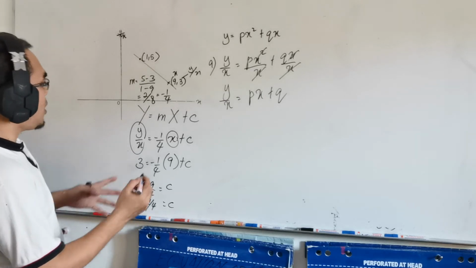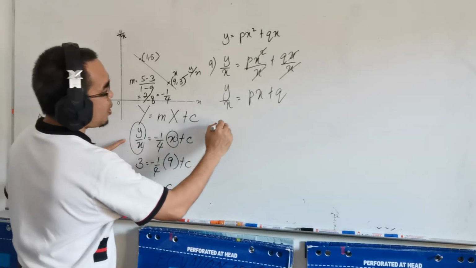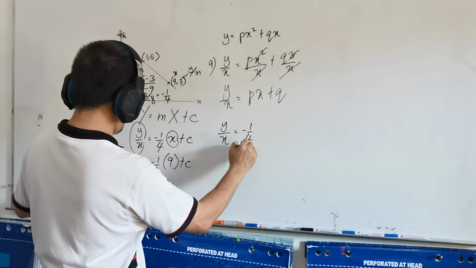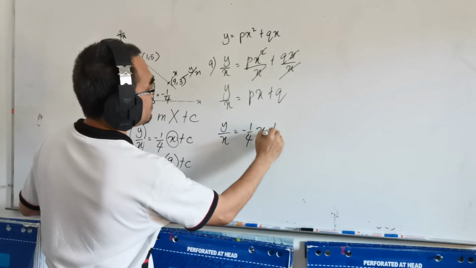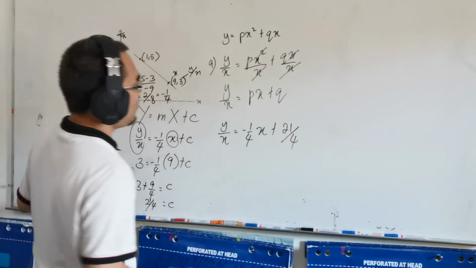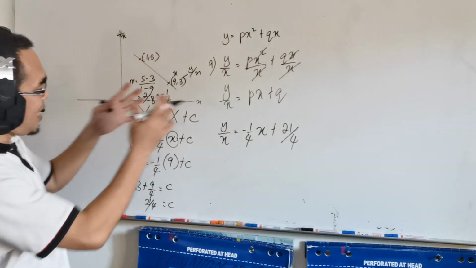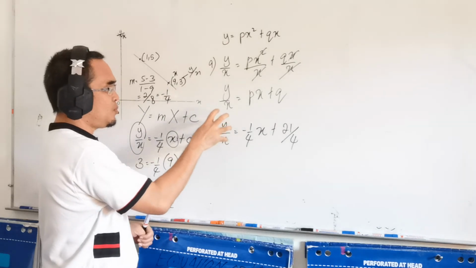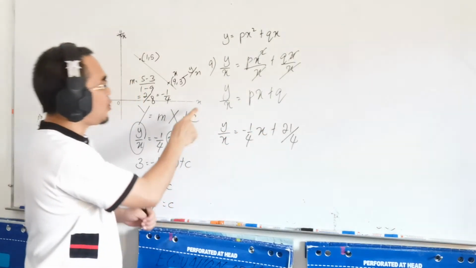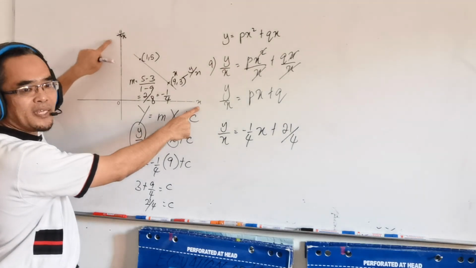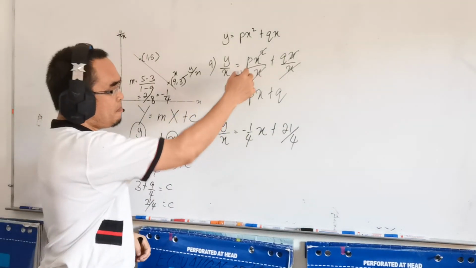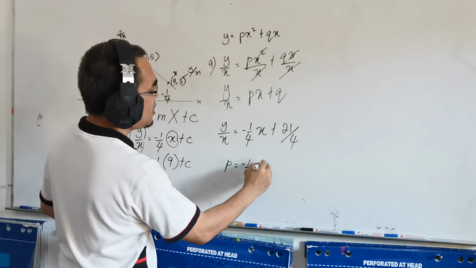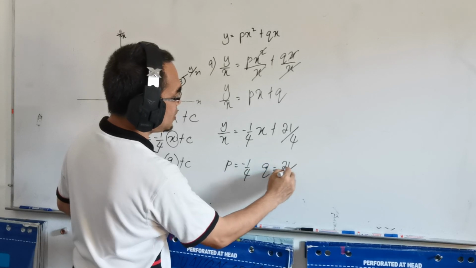So the equation is y over x equals negative 1 over 4 x plus 21 over 4. Then we can compare. That is why I prefer that you write the y-axis as y over x and the x-axis as x, according to the labeling given in the graph. So by comparing, p is negative 1 over 4, q is 21 over 4.